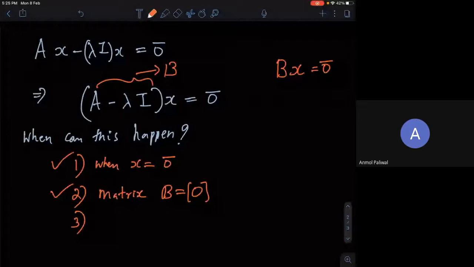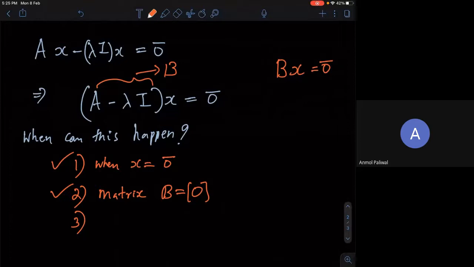When the rows of this matrix B are perpendicular to this x, that is, their dot product is 0. What is perpendicular to what?